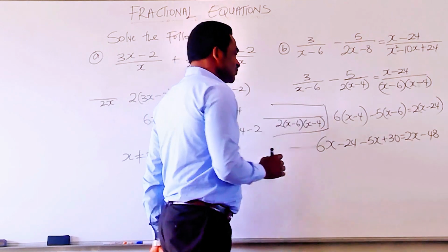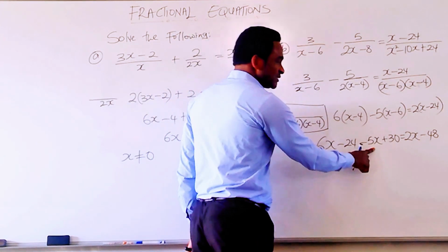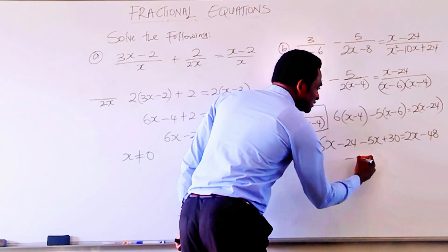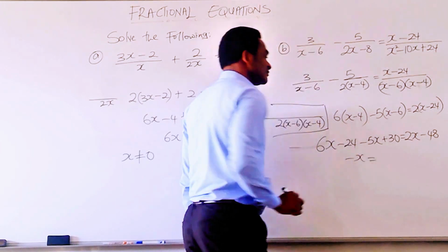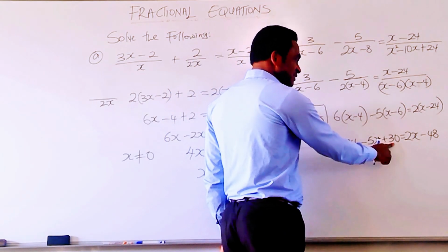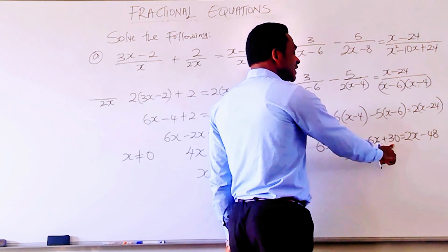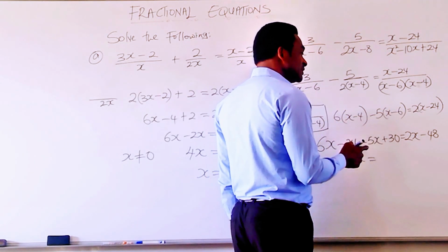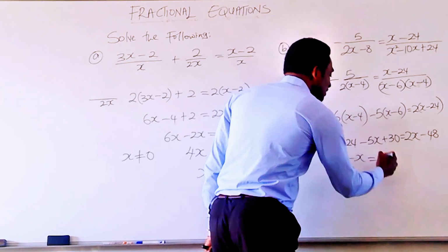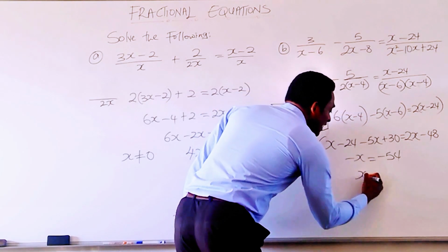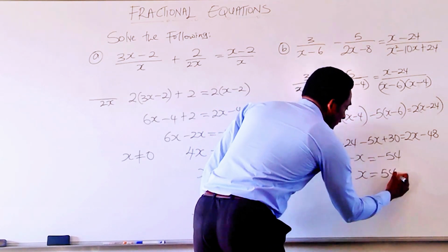If we collect items, we have 6x minus 5x is x, minus 2x is minus x. Minus 24 plus 30 is 6. If we take 6 over, it becomes minus. So we have minus 48 minus 6 is minus 54. So the value of x in this case is 54.